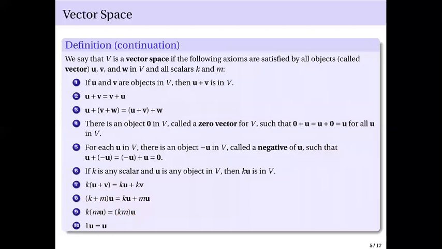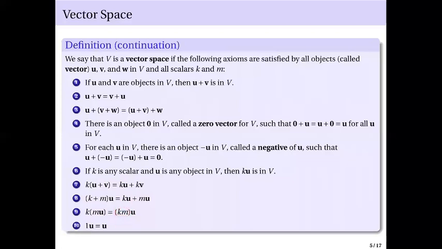So again, on the left-hand side, you have Mu first. You have the scalar M multiplied to the vector U. If you multiply them, it will be an object in V. You multiply the scalar K, you will get this product here, and again, this is an object in V. On the right-hand side, you got the two scalars here, and then you multiply them using the usual multiplication.